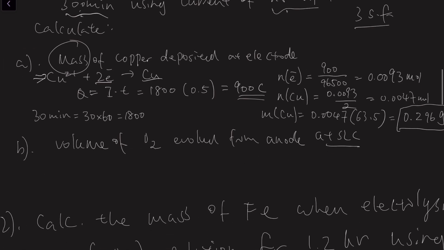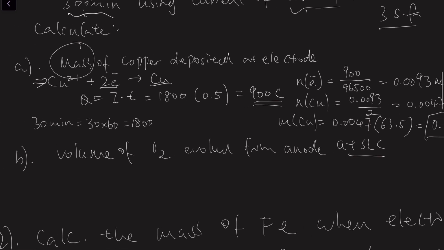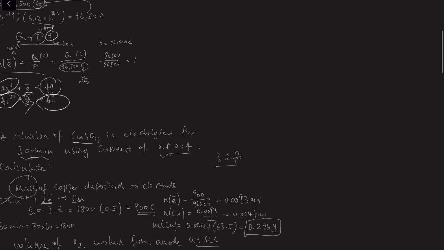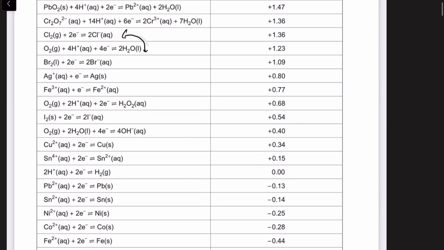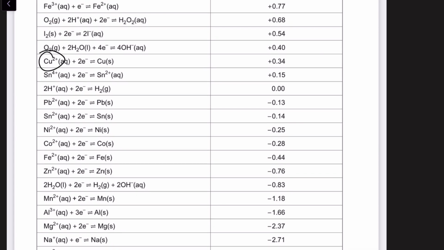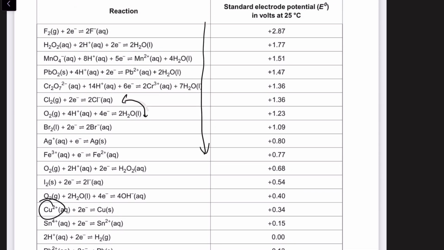The next question is the volume of oxygen gas evolved from anode. So now let's go to the electrochemical series to see which reaction is actually taking place. So you have the copper 2 plus ion, and you also look at the strongest reducing agent in your system.